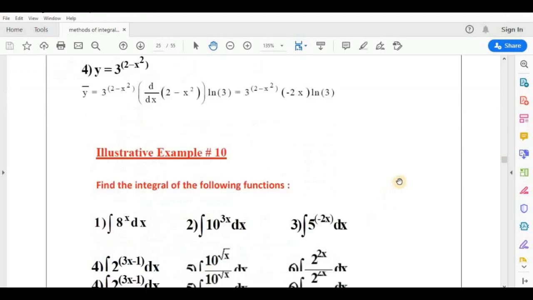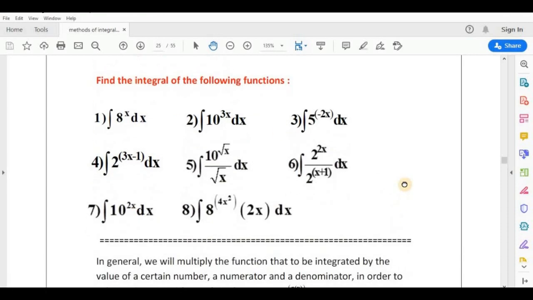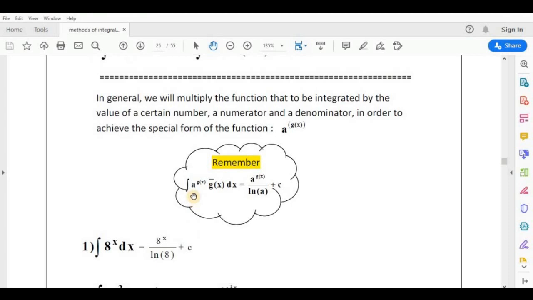Let's see what about the integral. Find the integral of the following function. We have this function. Let's see how we will find the integral. Remember, the integral for this type of function, the integral of a to the power g multiply g dash, which means the derivative of g(x), will be a to the power g divided by ln a plus the constant.